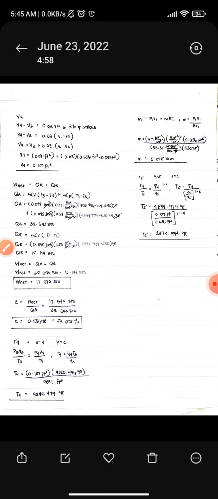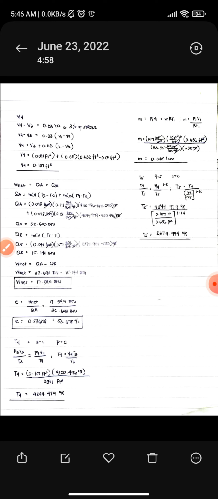So V4 natin is equals to V3 na 0.091 cubic feet plus 0.03 times V1 minus V2 na 0.636 cubic feet minus V2 na 0.091 cubic feet. So yung V4 natin is equals to 0.107 cubic feet.